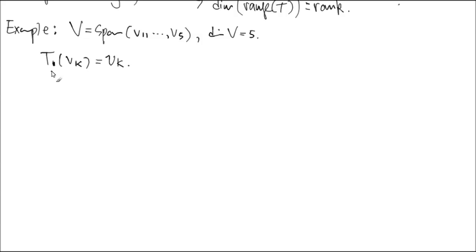What about all the other infinitely many elements? It is determined. Remember that part? If you know where it sends the basis members, everything is determined. So it is sufficient to define it like this, and you know what happened to the other part. And there is no matrix here. These are not column vectors. So this is in general how it's described. I'm going to do T2, where VK goes to VK plus VK plus 1.